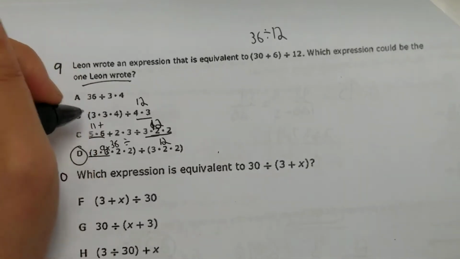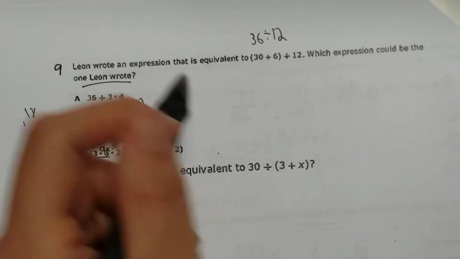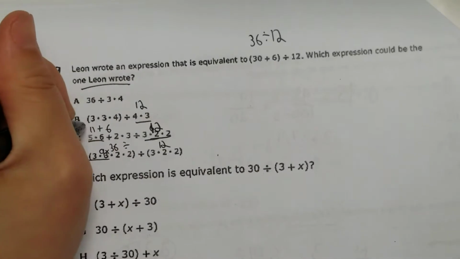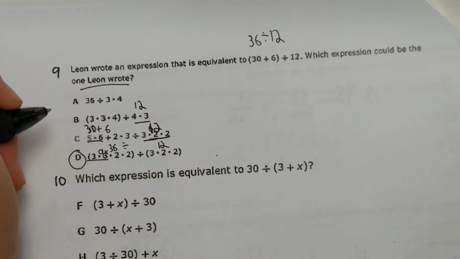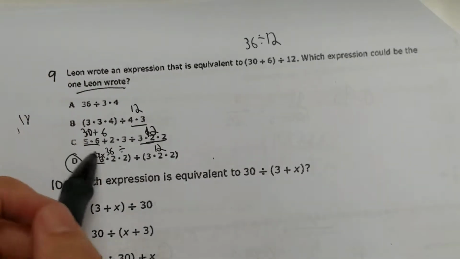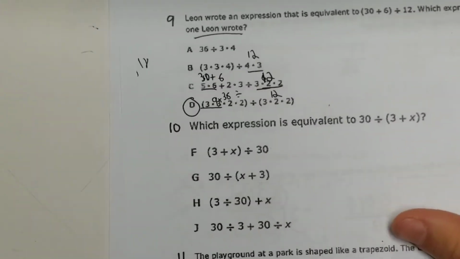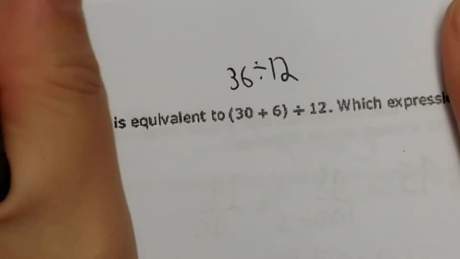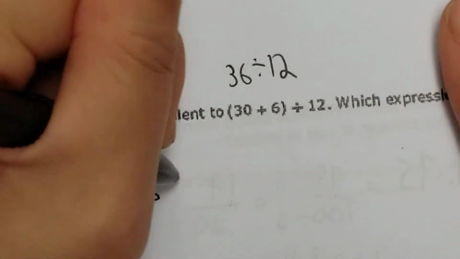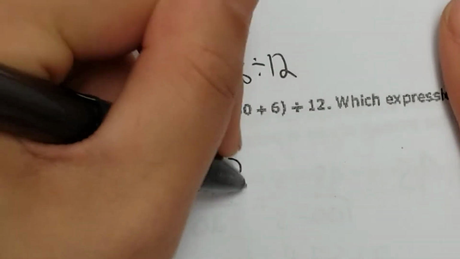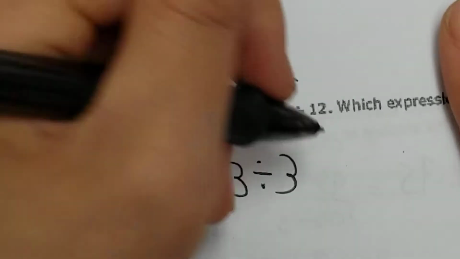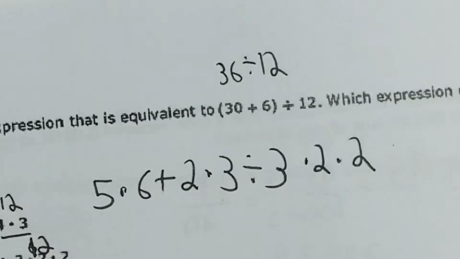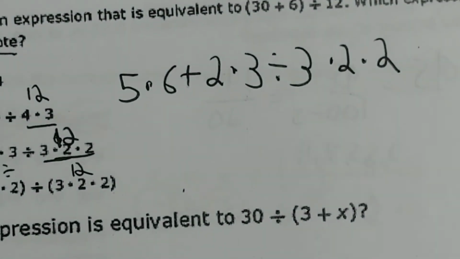This one says 11 plus 6, which is not equal to 30 plus 6. Okay, so the reason why this one won't make sense is because, as you can see, I tried to start to do it out of order, and that was my bad. This says 5 times 6 plus 2 times 3 divided by 3 times 2 times 2. Because of the order of operations, we have to go from left to right, whichever comes first.